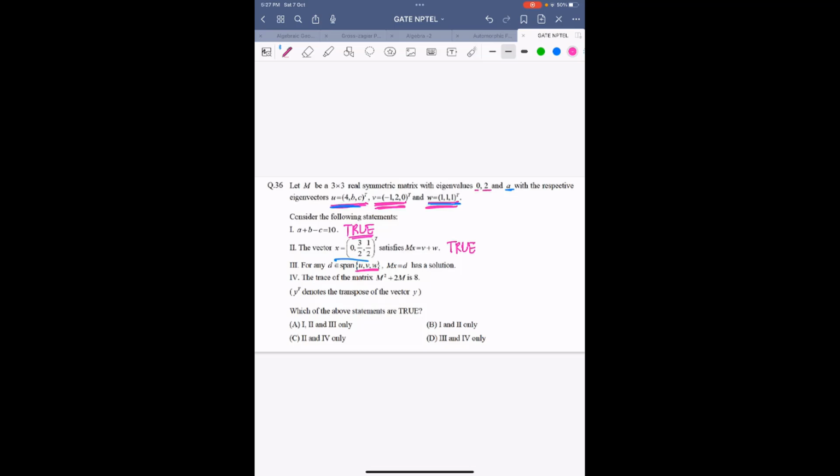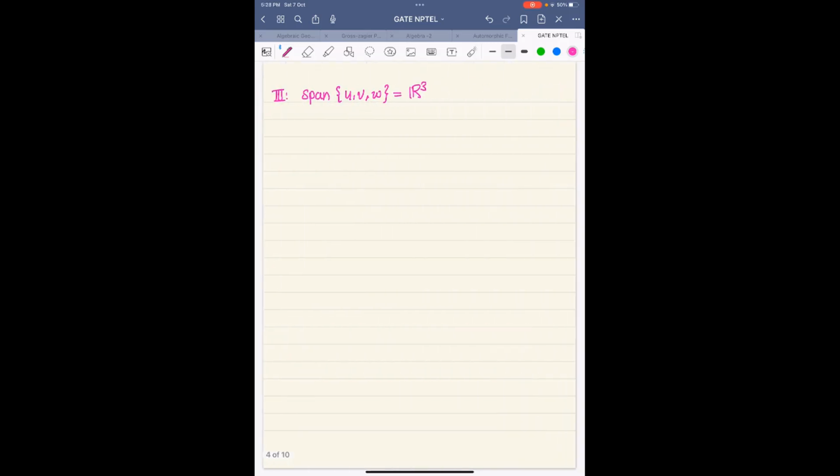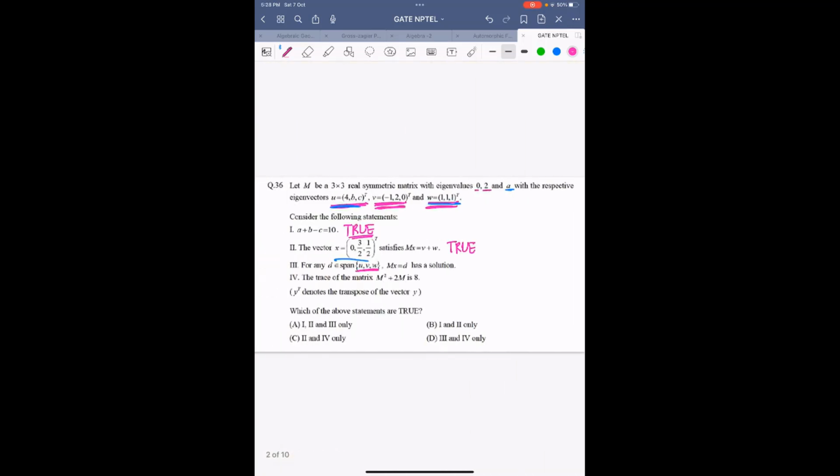So the span of u, v, w is the whole of R cube, and the statement says that for any vector d in R cube, Mx equal to d has a solution. What this means is that if we define M as a linear transformation from R cube to R cube, then this map is surjective. But is this map surjective?